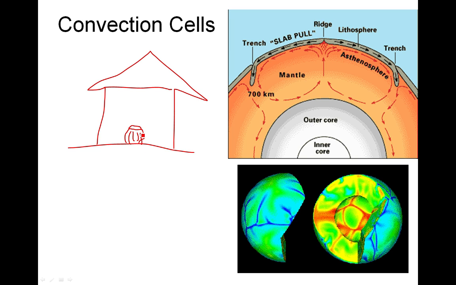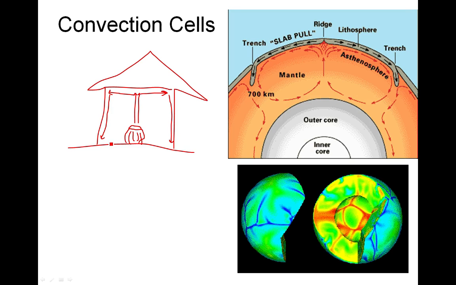So you put some wood or coal or whatever you're putting in the stove, it heats the air. What does hot air do? It rises because it's less dense. So the hot air rises. It hits the ceiling and spreads out. Now it gets to the walls, it's a little bit cooler. Cold air falls, like that.